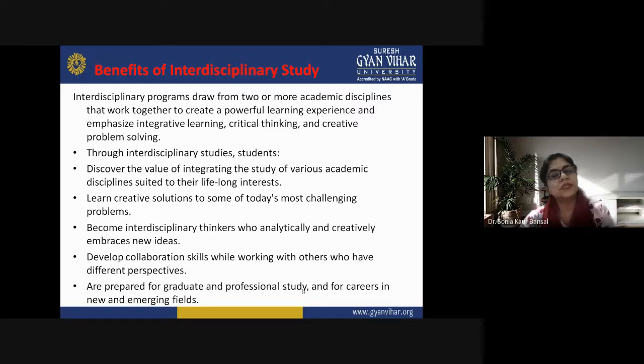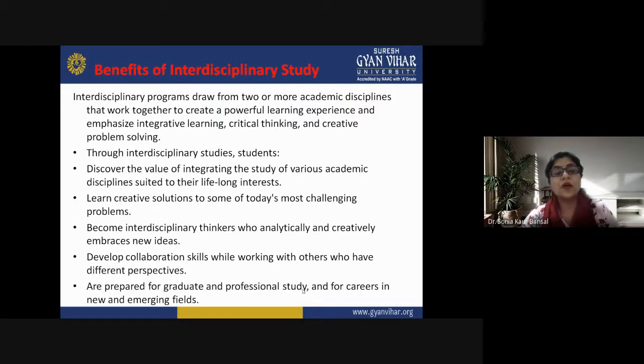Sometimes, students, it is seen that the one discipline which the scholar or student is studying is somehow insufficient to find the solution of a particular problem. So in that case, we must proceed to another connecting, relevant discipline to find the proper solutions.